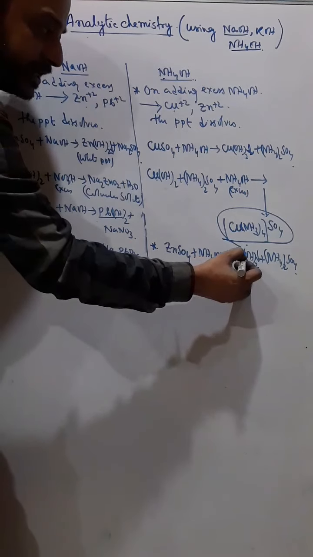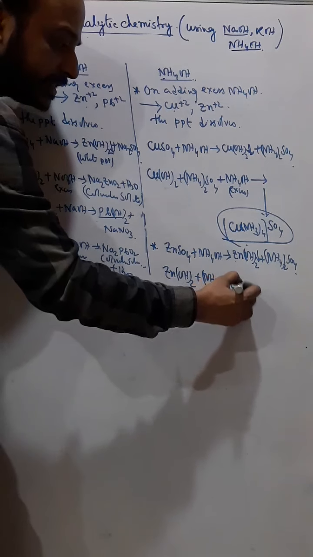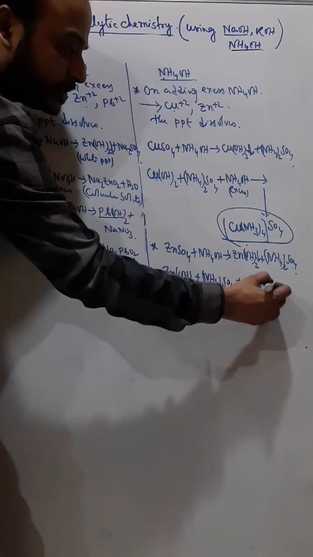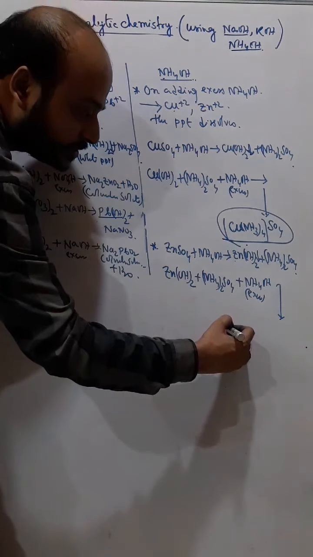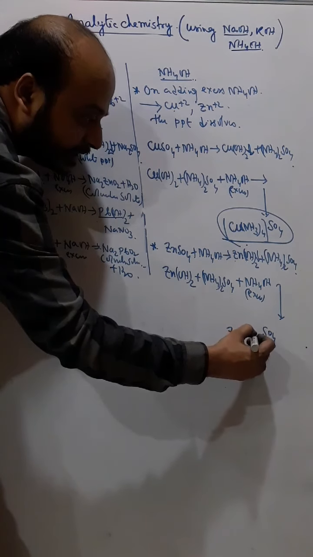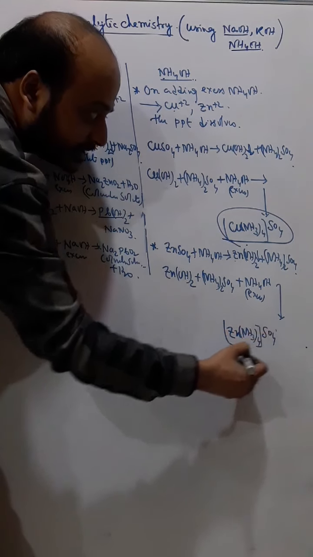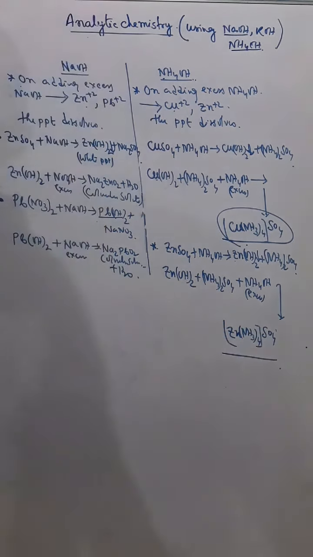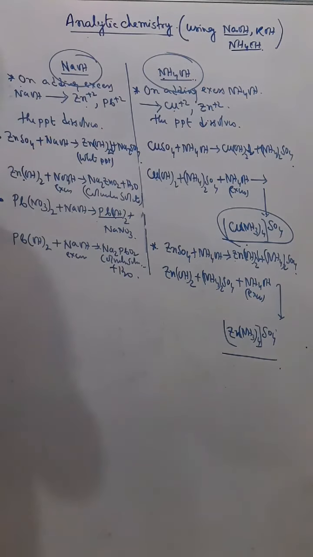So first Zn(OH)2 and (NH4)2SO4, and then we are adding excess of NH4OH, and finally we get here also tetramine zinc 2 sulfate. So we write zinc sulfate, then we write NH3, tetramine zinc, and this is a colorless solution. So understand, in this full analytical chemistry chapter, these 4 reactions are very important and surely come in the exam.